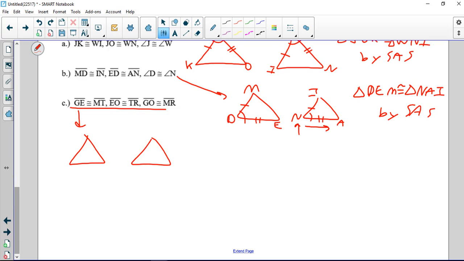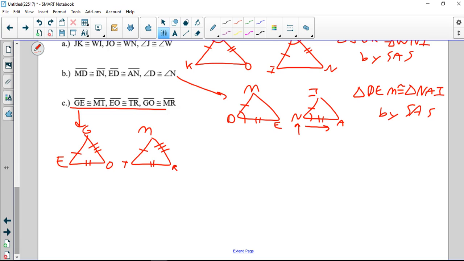Notice here I have no angles mentioned, so therefore I'm not going to be using SAS. So let's see if we have SSS. GE is congruent to MT. EO is congruent to TR. And GO is congruent to MR. Therefore, I'm going to start where I want.